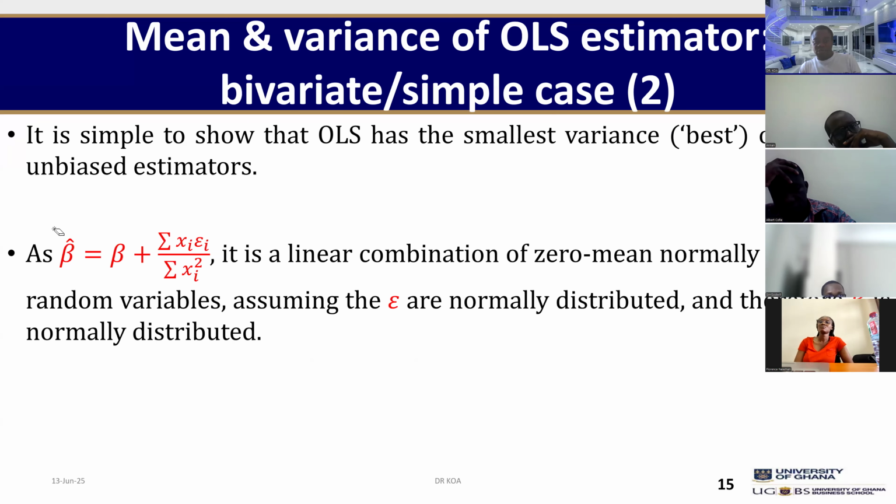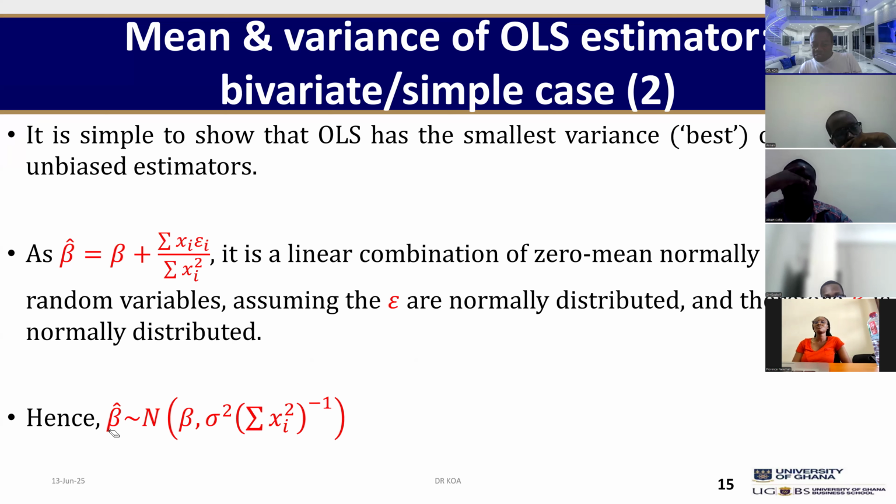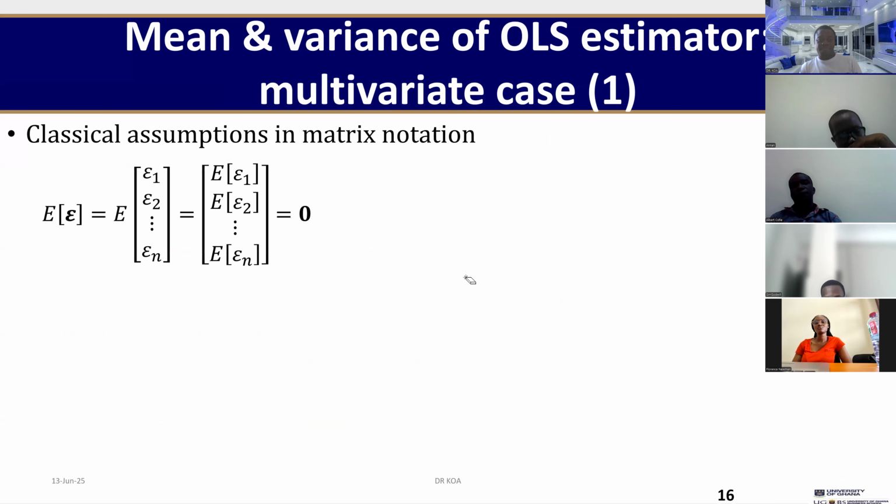We can say that because you've already proven unbiasedness for this. And so we can then conclude that the beta cap is normally distributed around the true beta and with a variance which can be constant provided there is homoscedasticity in there.